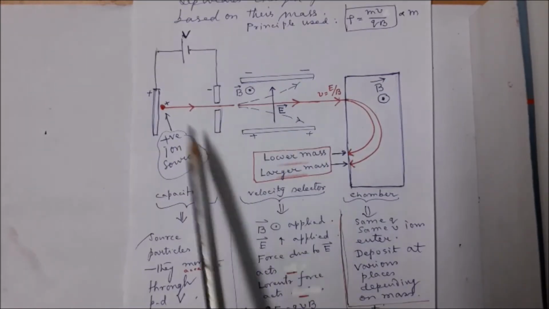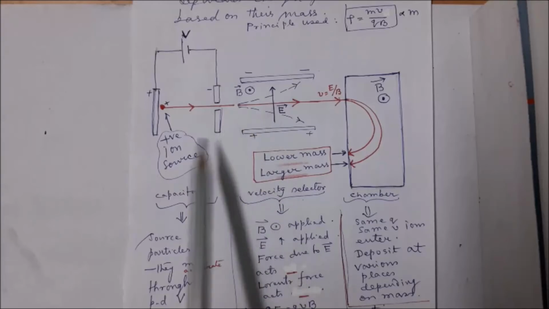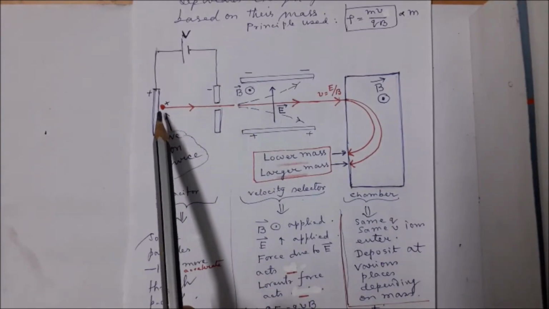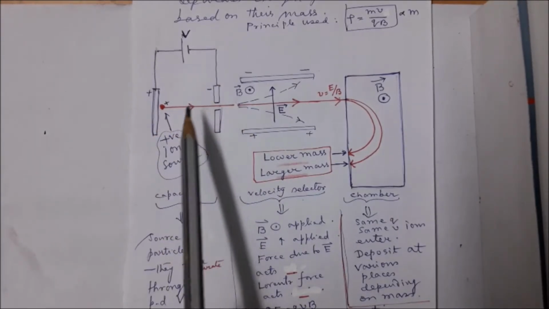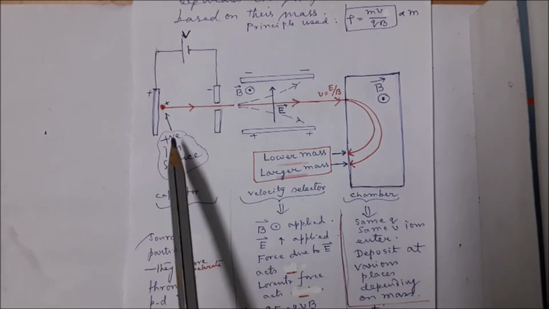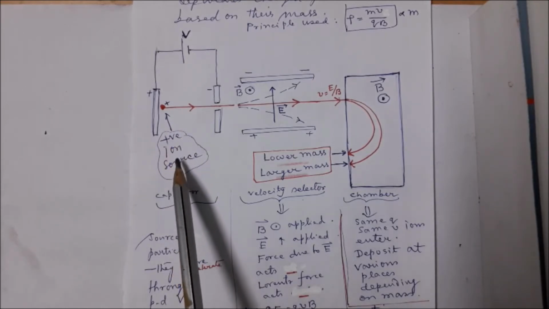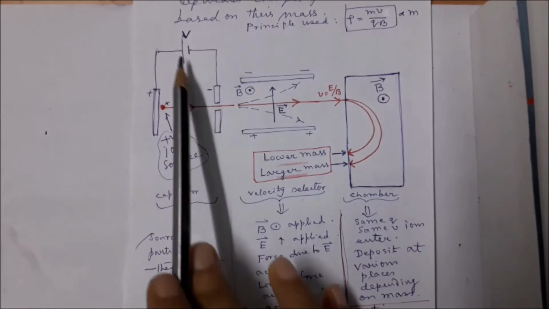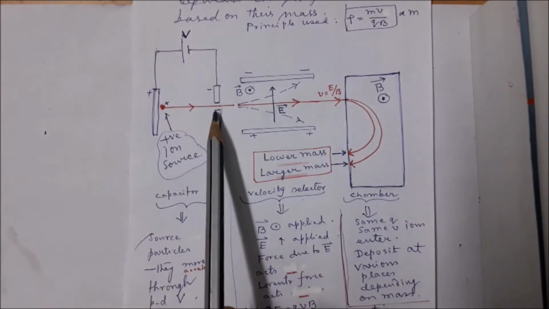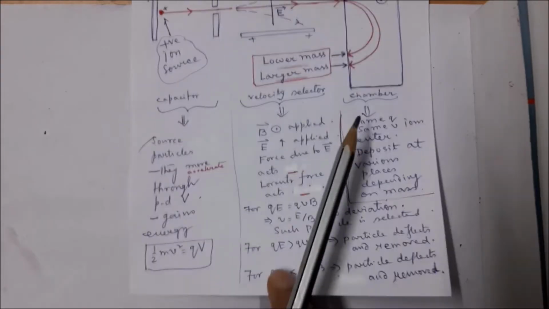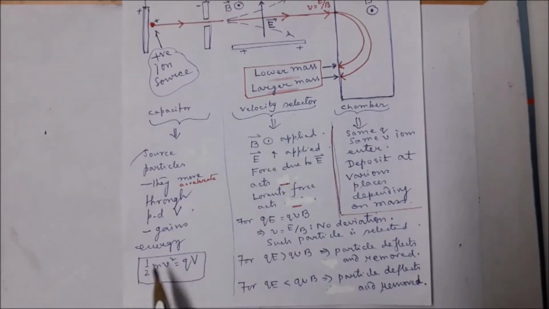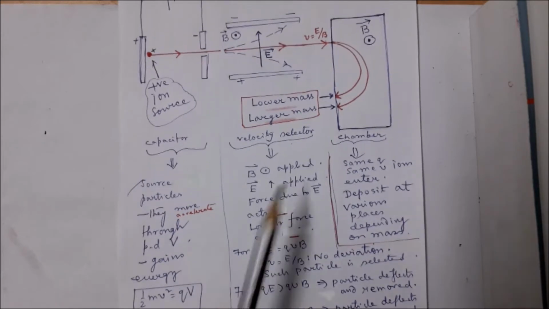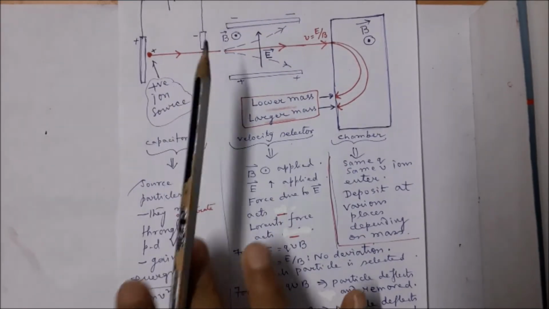Now, this is a schematic diagram of the mass spectrometer. This is the positive ion source. In our discussion, let us take, for convenience, a positive ion source. The ions are coming out from it. They are accelerated through a potential difference V. So, they gain an energy of half mv square, which is equal to qV, as they rush through this potential difference.